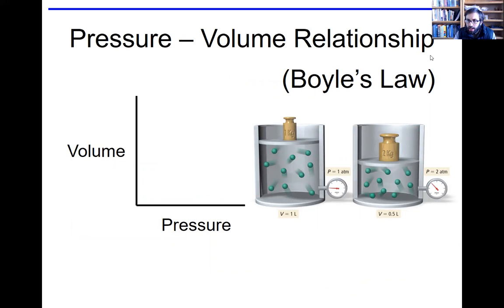Now we're just going to go through a series of different relationships while we hold two of the variables constant. We're going to be changing one variable, holding two other variables constant, and looking at the fourth variable. How does that change? So what happens if we change pressure or volume and we keep the temperature and the number of moles in the container constant?